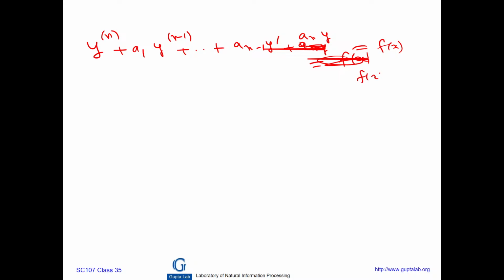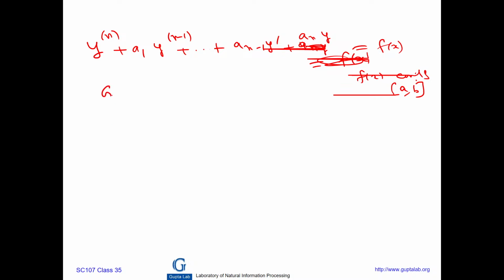Fx is a function which is continuous on closed interval a comma b, right? So this is our general equation. Coefficients are constant, right? Nth order differential equation. So this is known as non-homogeneous linear ordinary differential equation with constant coefficients, right? This is how you read it. The name is very long, but it's okay.